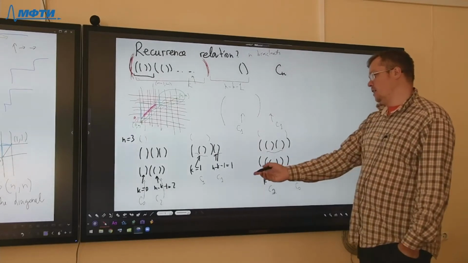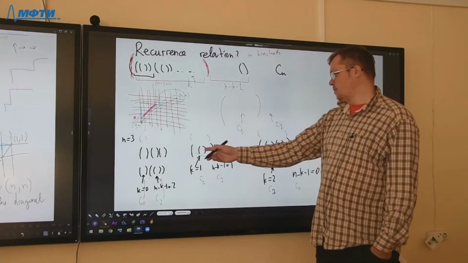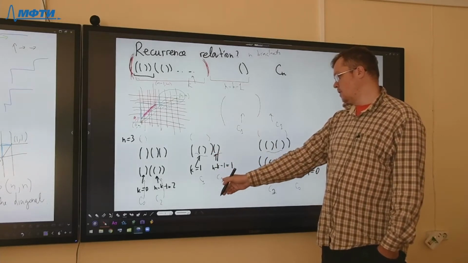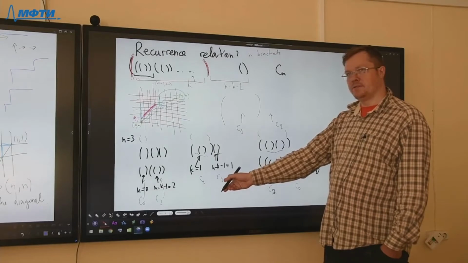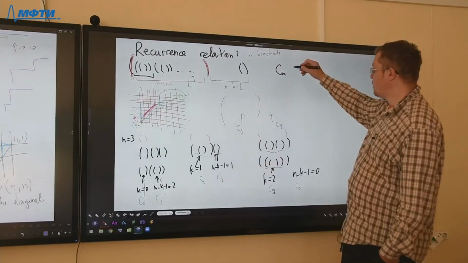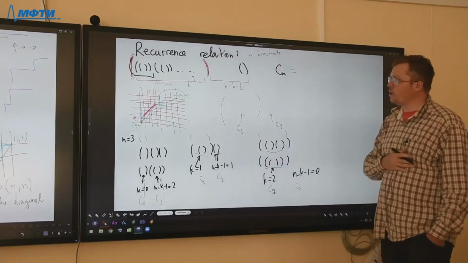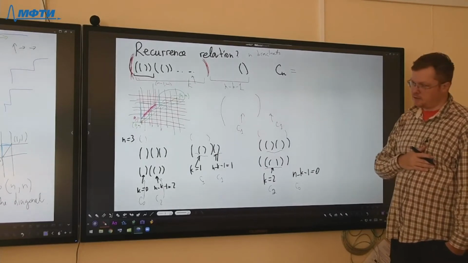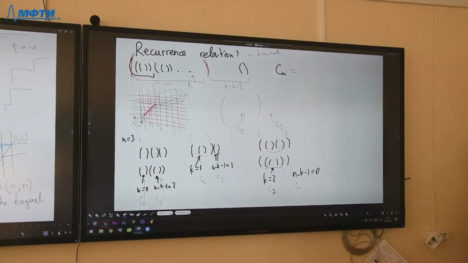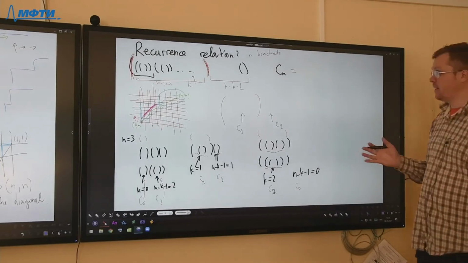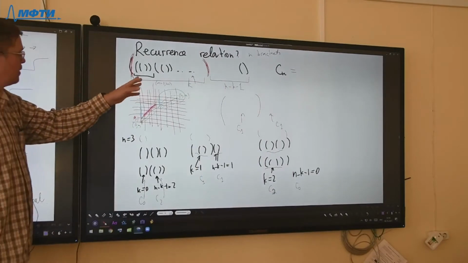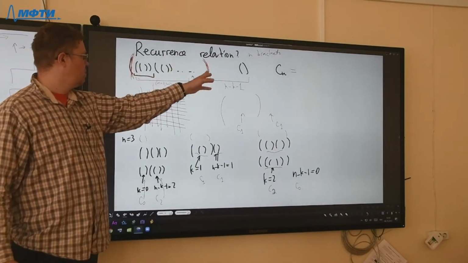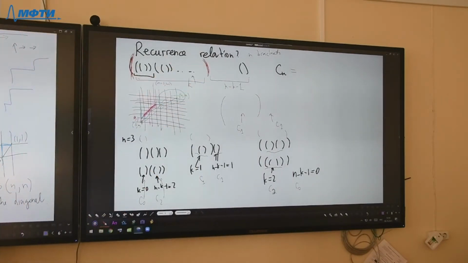So if I want to calculate the number of such brackets, do I need to sum, multiply? And what should I write here as a formula? So can we write the formula for Tn? Do you understand the question? No? So, for example, in an arbitrary situation, I see where the first bracket ends, and I want to calculate.